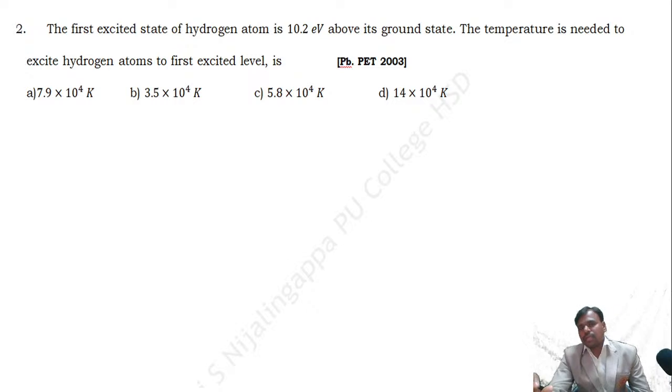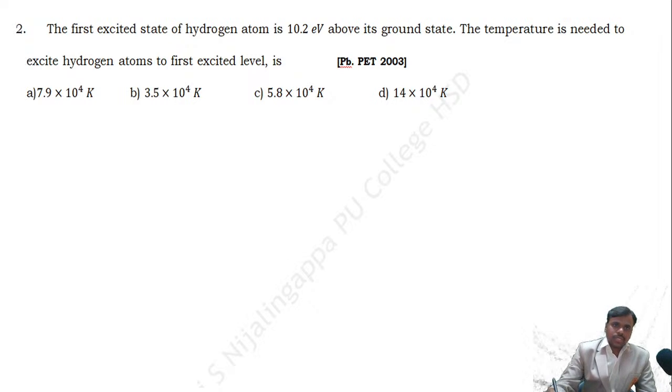We know the relation between energy and temperature from the previous classes, by using the kinetic energy equation, that is kinetic energy is equal to 3 by 2 kT, where k is the Boltzmann constant and T is the absolute temperature.